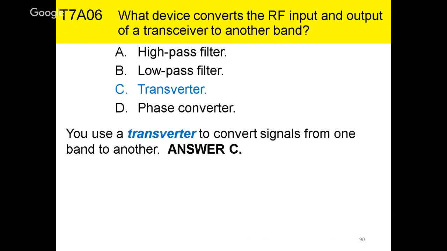So it would convert signals from, say, I'm trying to remember here, going backwards. I think you could operate on 15 meters through the transverter to get 6 meters. I think that's how that worked.